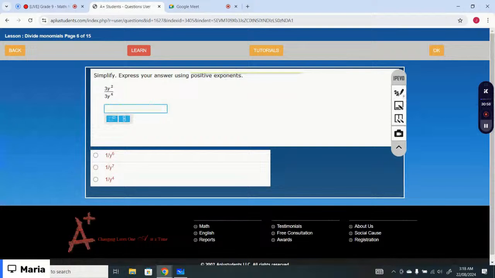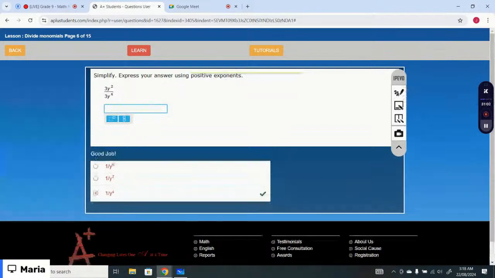Option number 3 is the correct option, right? That is 1 divided by y exponent 4 is the correct option.